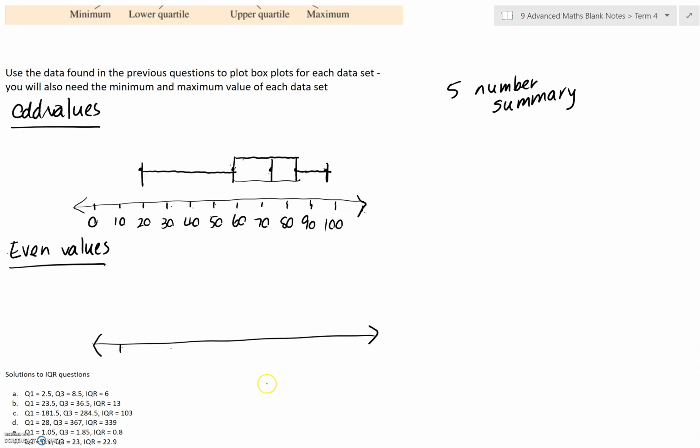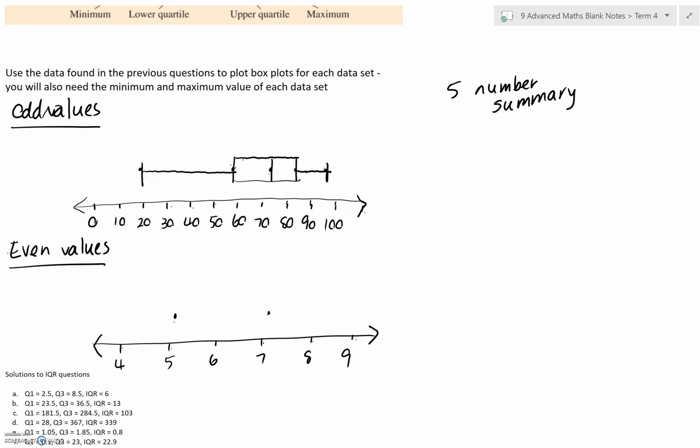So I might go 4, 5, 6, 7, 8, 9, and it can go a bit higher than that. So 5.1 is our lowest. Our Q1 is 7.1, so around there.